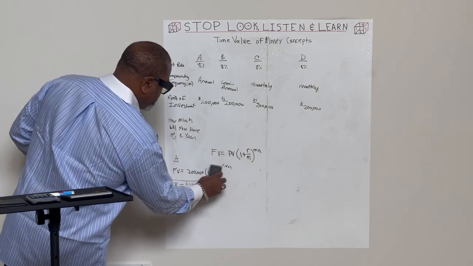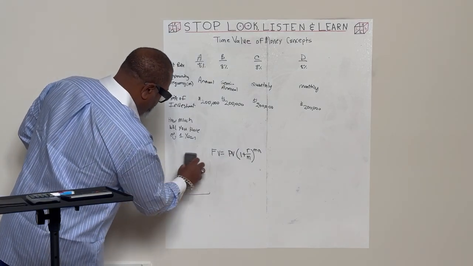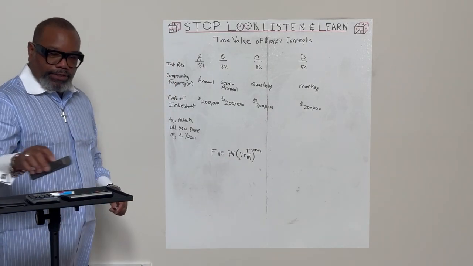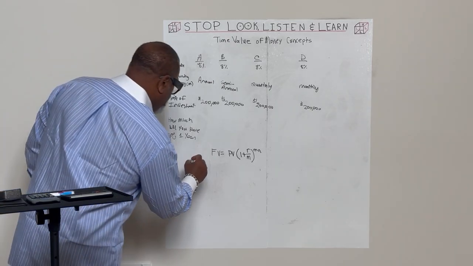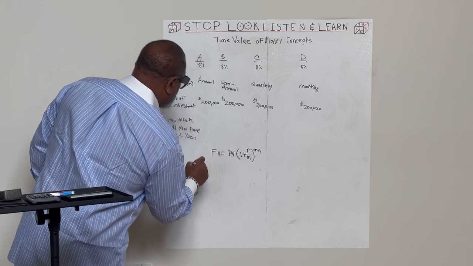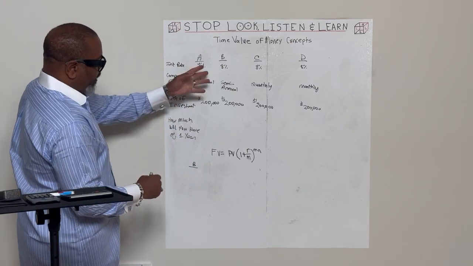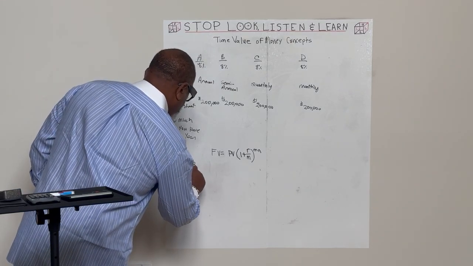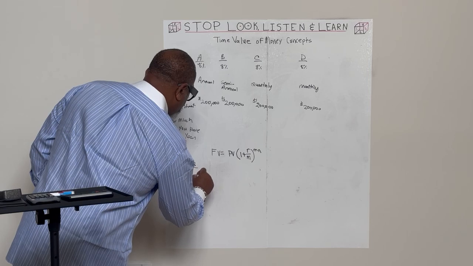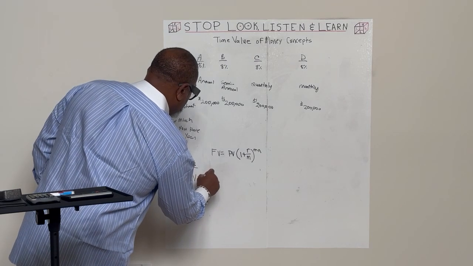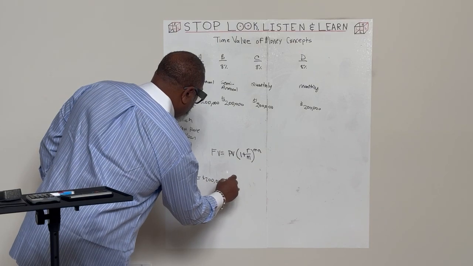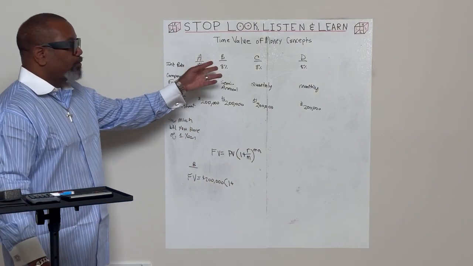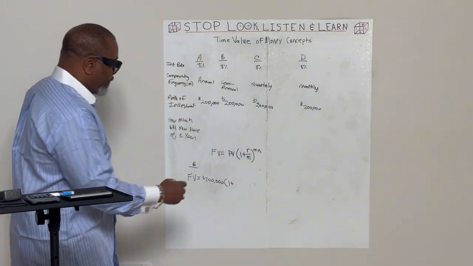I'll leave the general formula up here. Okay, now if we invest with Bank B, first of all, we're going to invest the same amount, $200,000 in each case. And Bank B is also paying a stated rate of 8%.